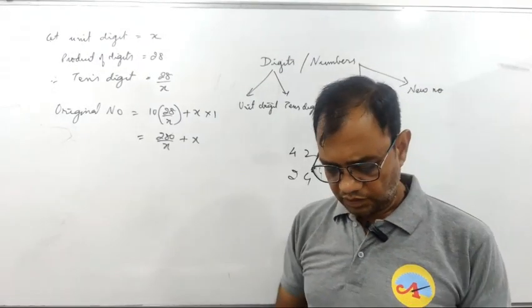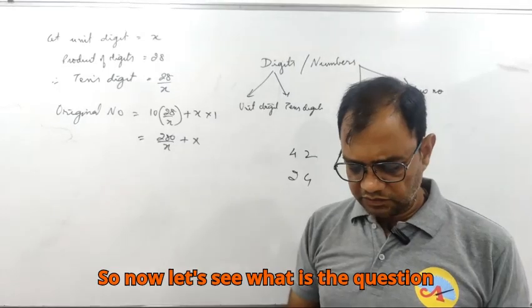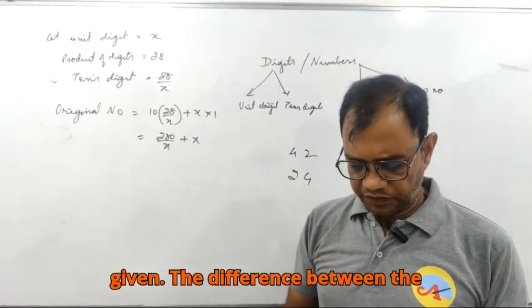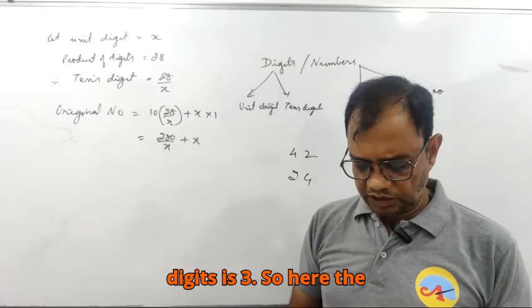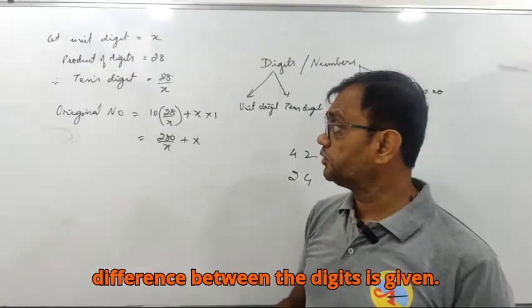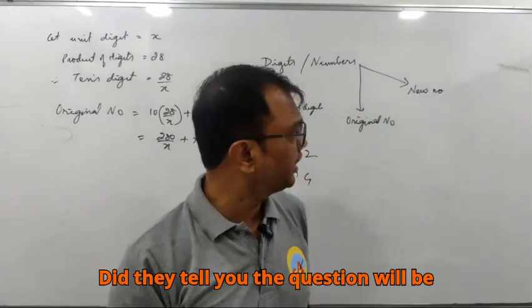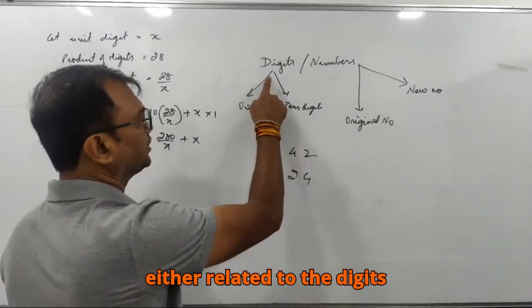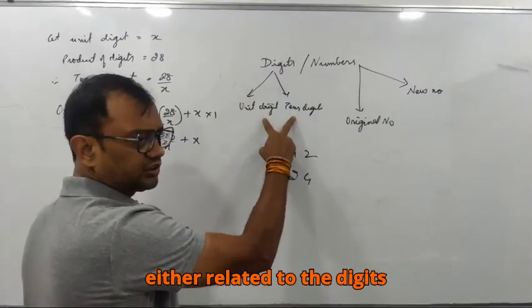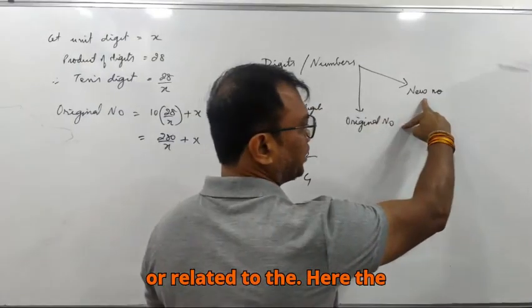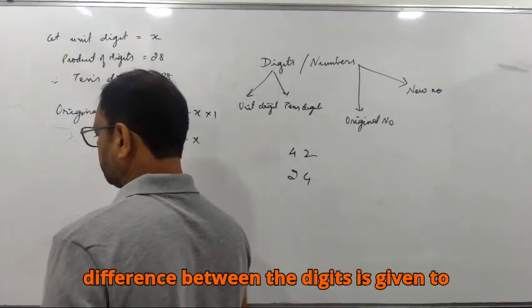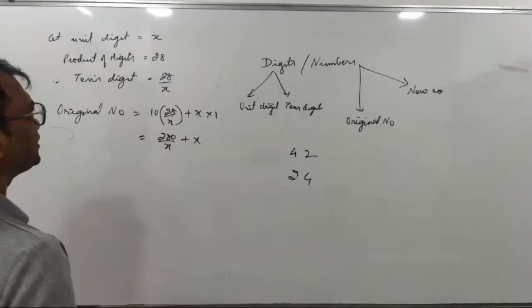Clear? So now let's see what question is given. The difference between the digits is 3. So here the difference between the digits is given. Didn't I tell you the question will be either related to the digits or related to the numbers? Here the difference between the digits is given to you.